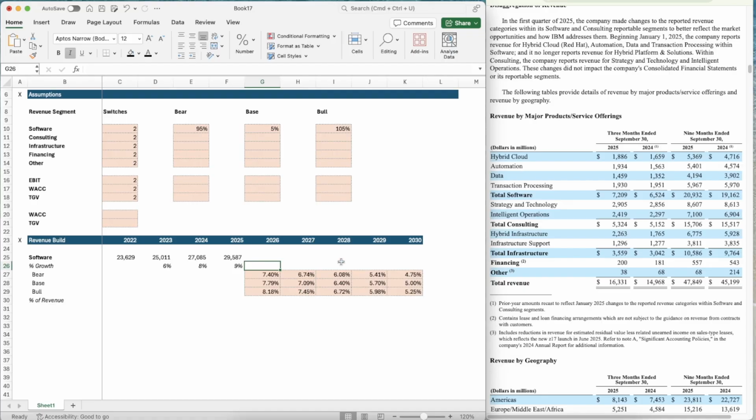So to be able to toggle through using the switches up here, we go equals, offset, select the cell that we're in, in this case it's G26, select the switch, C10, then comma, 0, and end it with a 0, and there we have it.